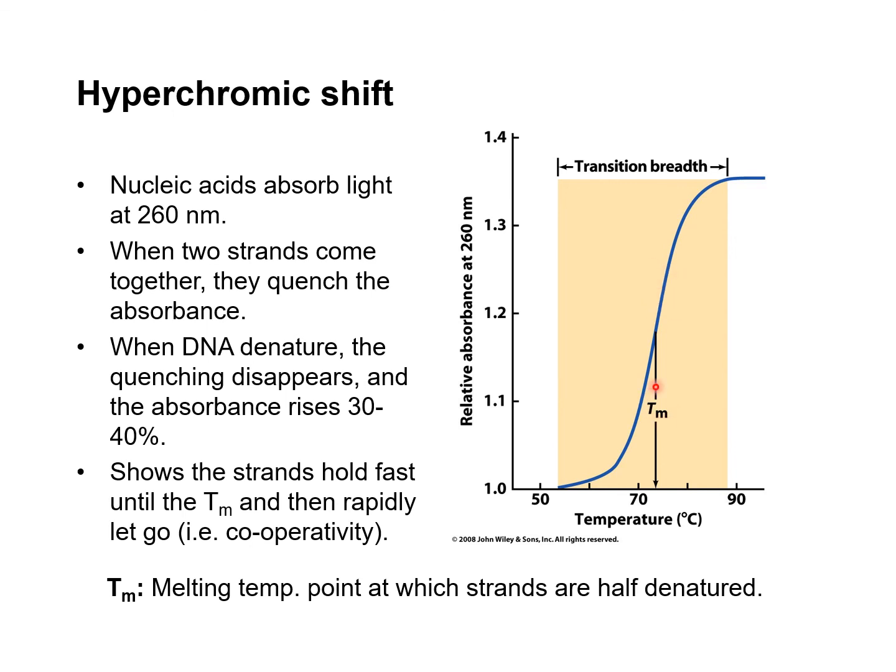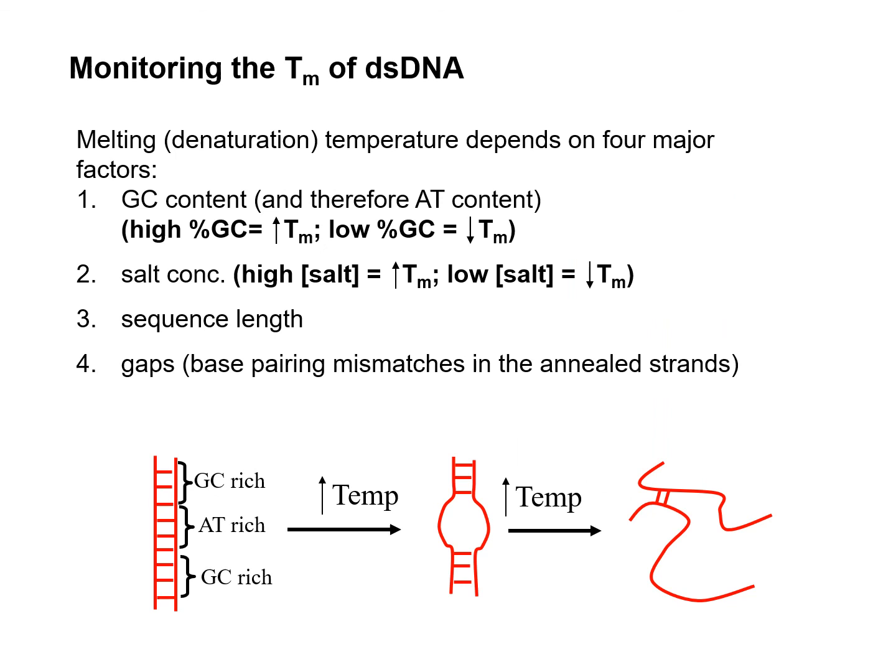Again, this Tm, the midpoint of this hyperchromic shift, is the melting temperature at which the strands are half denatured. When you monitor the Tm of double-stranded DNA, there are 4 factors affecting the melting or denaturation temperature.